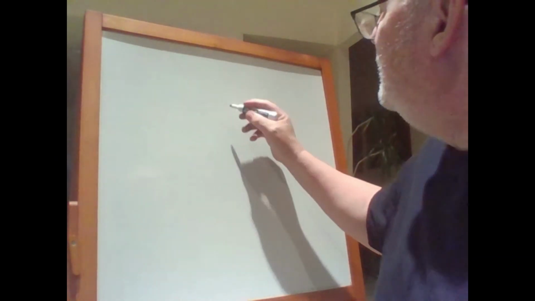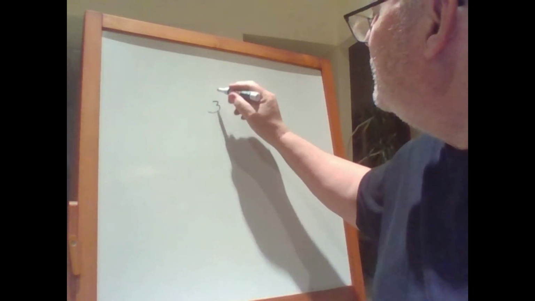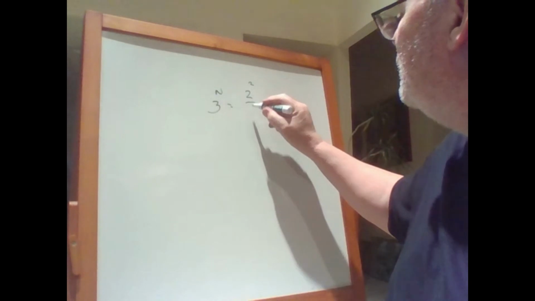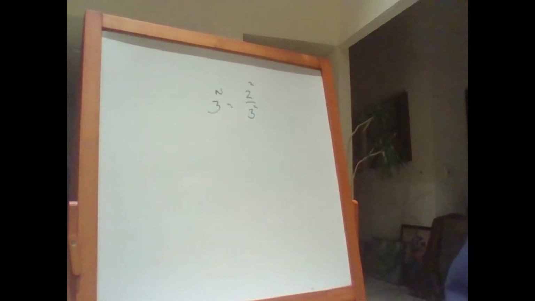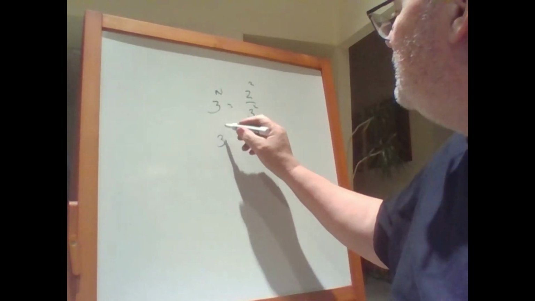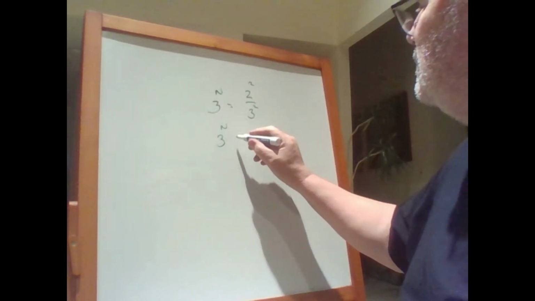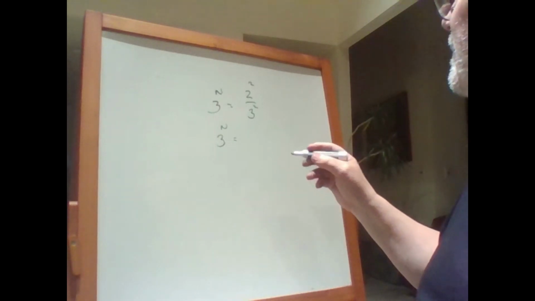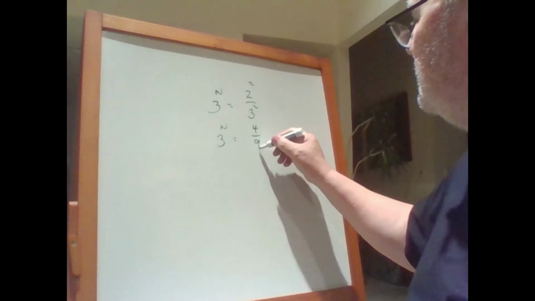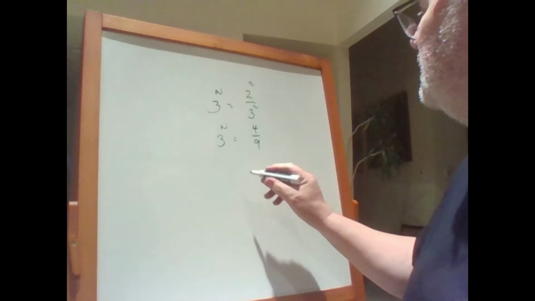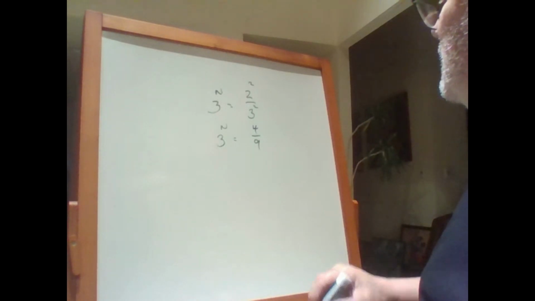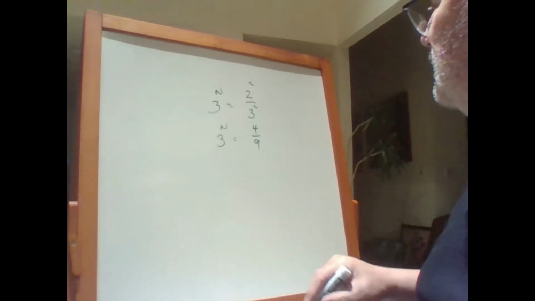Okay, here's one that we can look at. 3 to the n equals 2 squared over 3 squared. So basically 3 to the n is equal to 4 over 9. We can leave it that way.